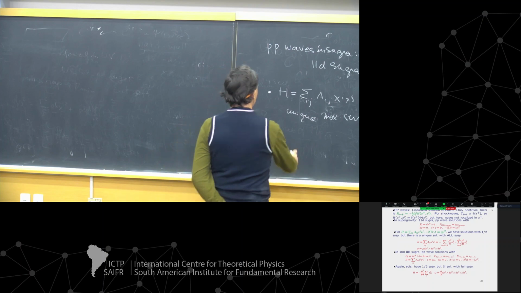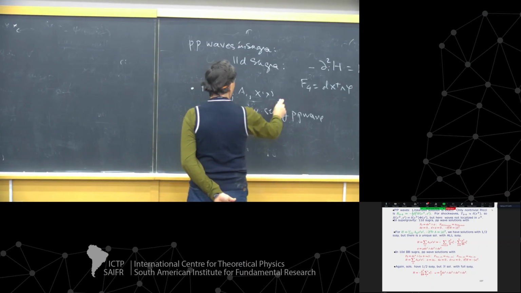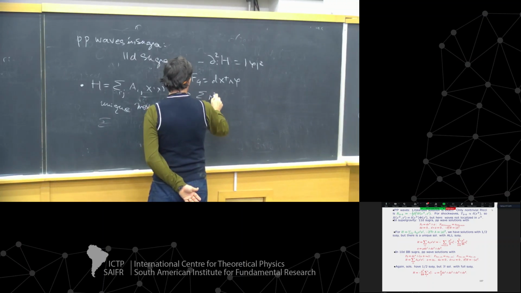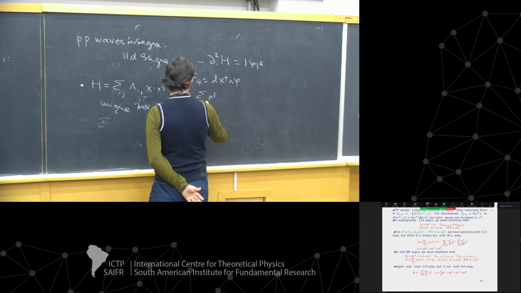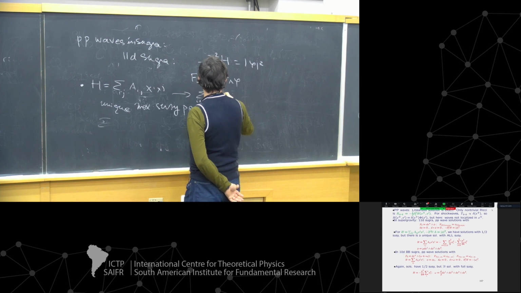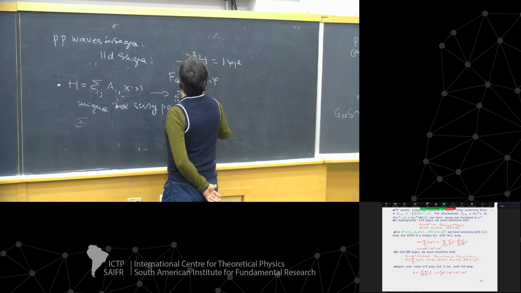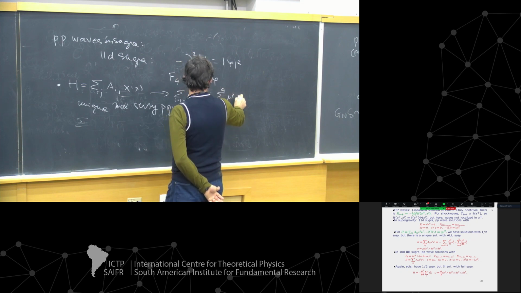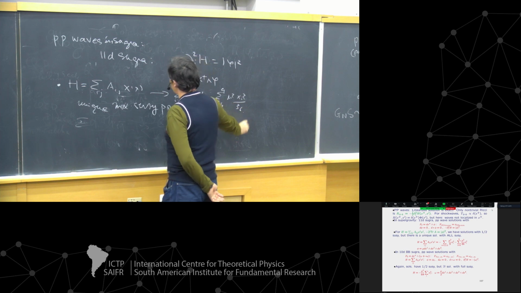So the sum from i equals 1 to 3 of mu squared xi squared over 9, and the sum from 4 to 9 of mu squared xi squared over 36.